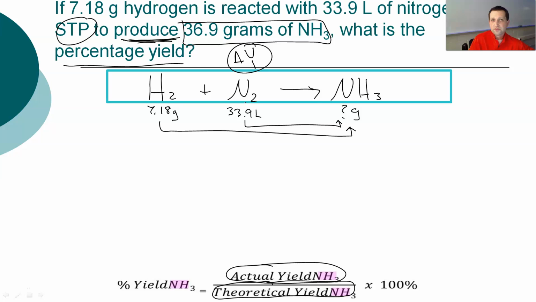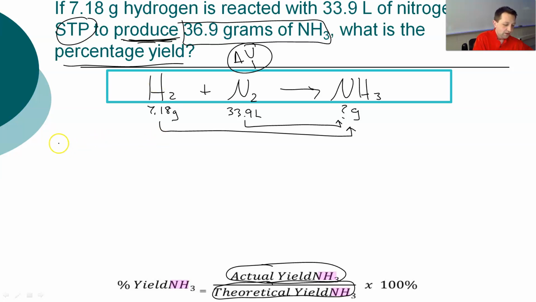So it's the same rules as before. If you have a limiting reagent problem, which means you're given two or more amounts of reactant, you need to make sure you do two stoichiometry problems. Okay, let's go ahead and knock these out, and we'll figure out what our theoretical yield is going to be. So we know how to do all this because it's just a limiting reagent problem. So we'll start out with the hydrogen.